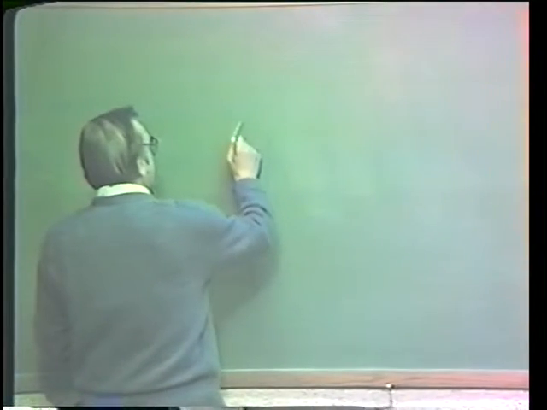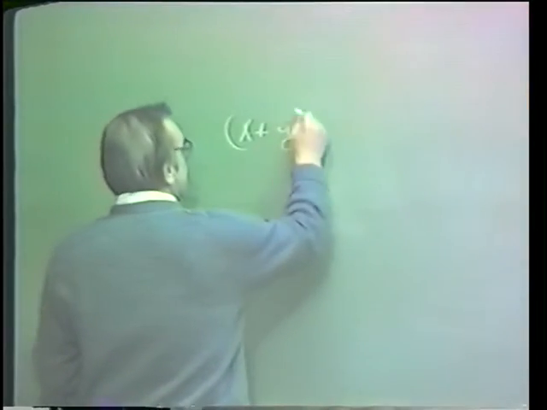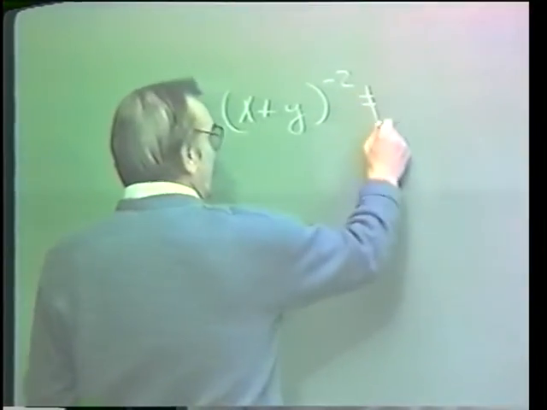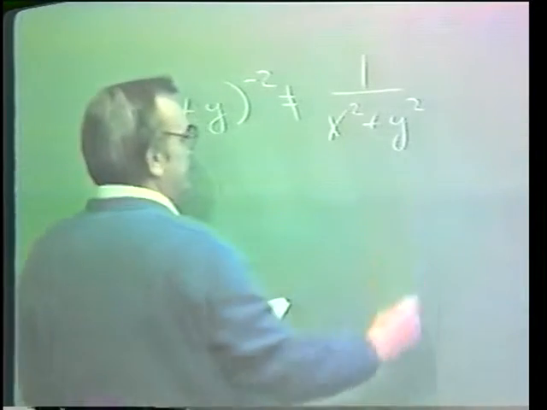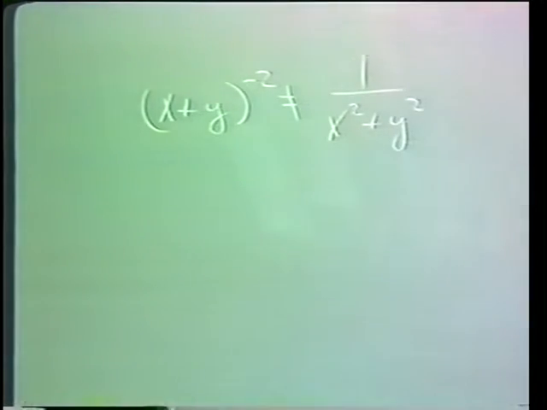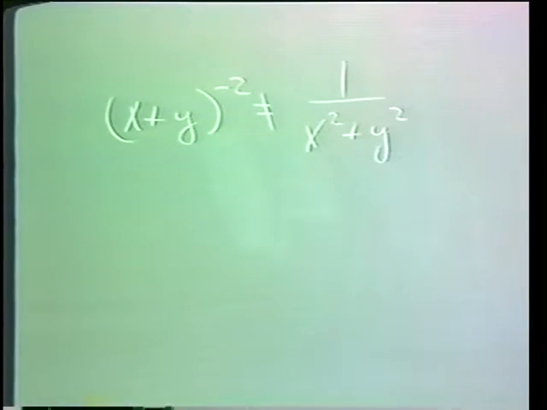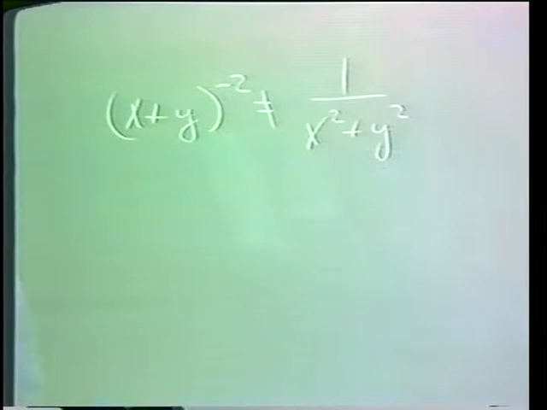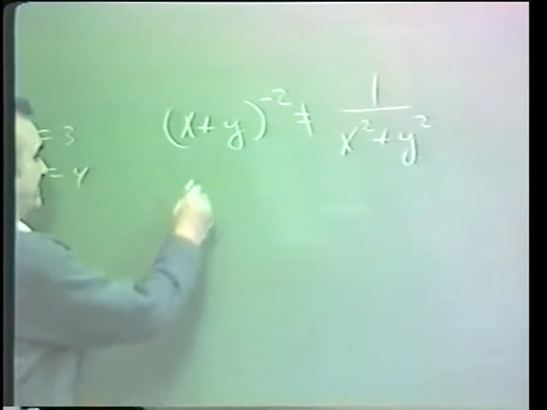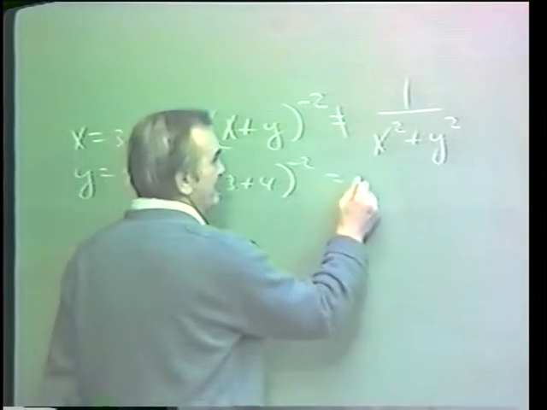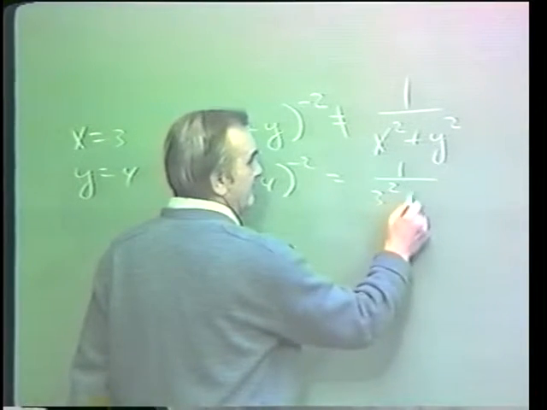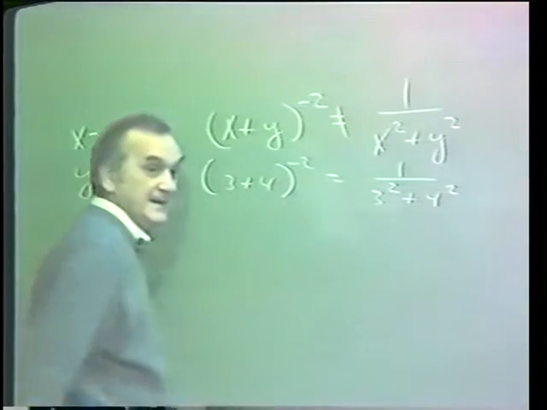Here, we have to show that x plus y to the negative 2 does not equal 1 over x squared plus y squared. And we can show that very easily. Let's suppose that x is equal to 3 and y equal 4. So every place I have an x, I'm going to put in a 3, and every place I have a y, I'm going to put in a 4. Okay?